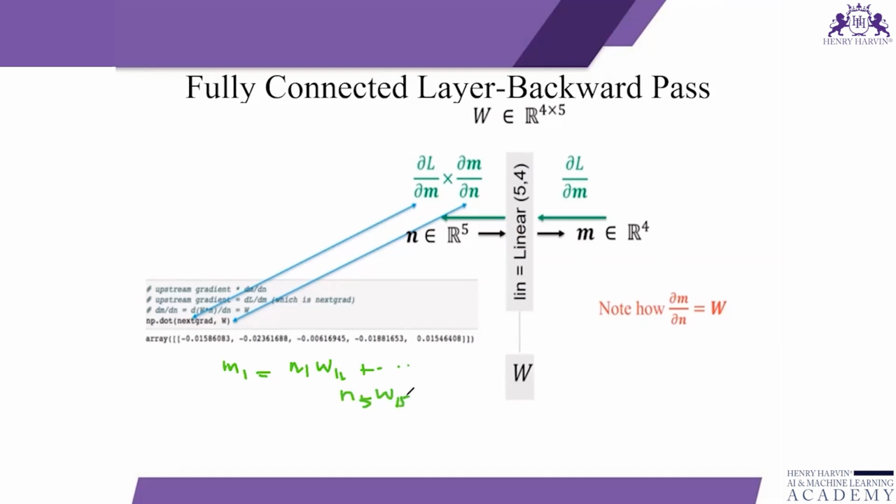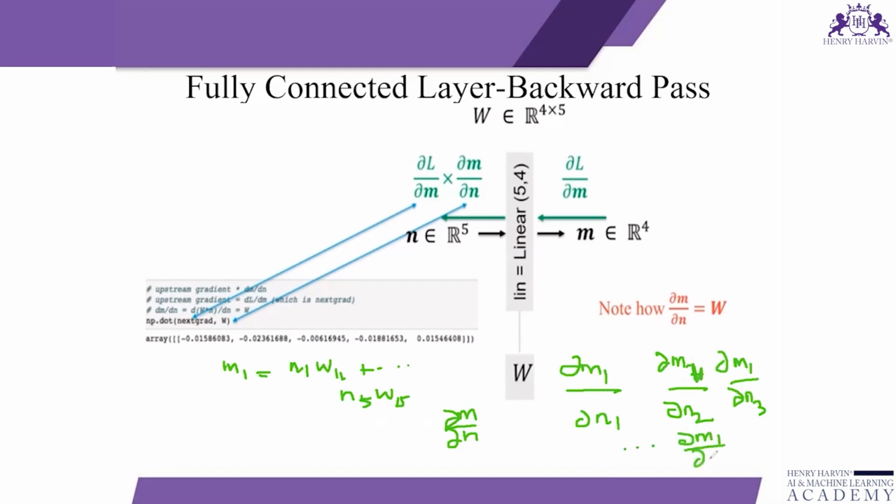What would be our Jacobian dou M by dou N? We know that the Jacobian would have dou M1 by dou N1, dou M1 by dou N2, dou M1 by dou N3, and so on until dou M1 by dou N5.